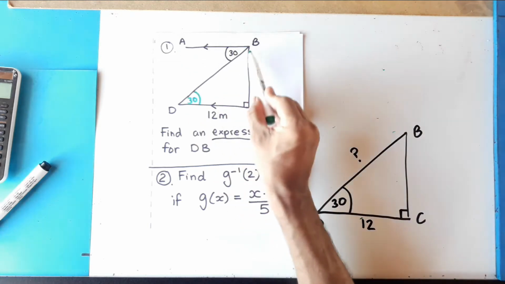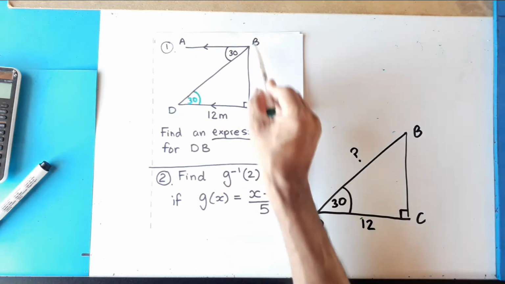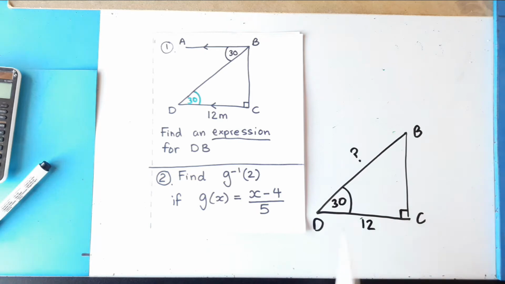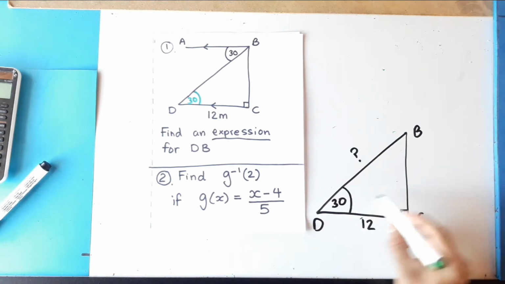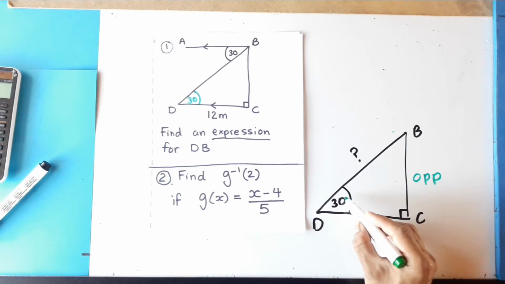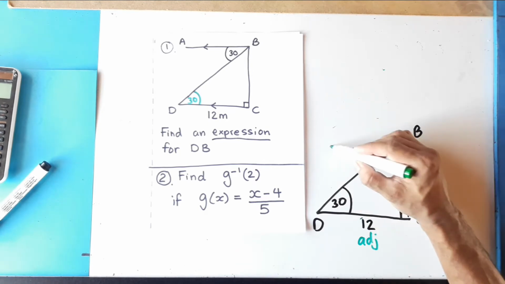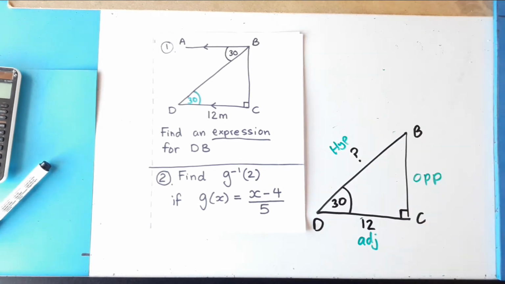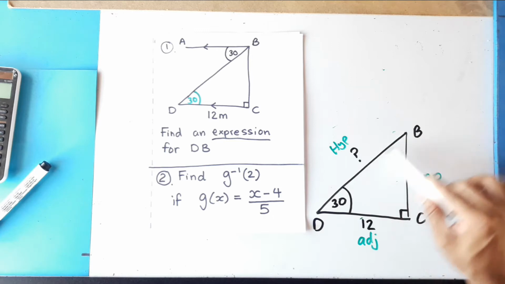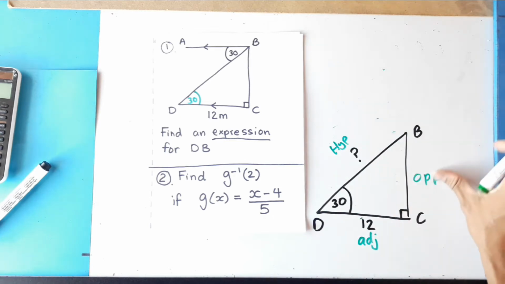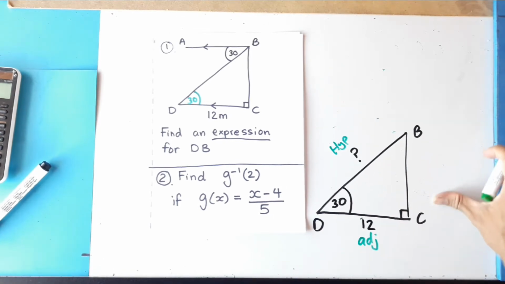So that's why I had to use the z-angles or the alternating angle concept to get this 30 degrees, which is inside the triangle.